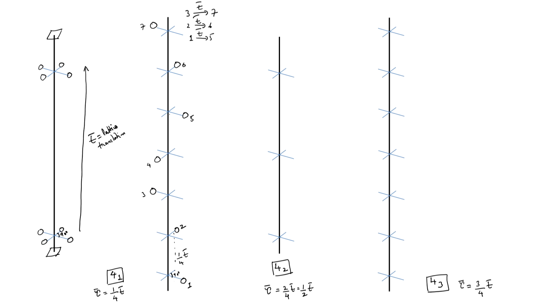Now, before I go to 4 sub 2, I will look at the screw axis 4 sub 3. Here my screw translation is 3/4 of the lattice translation. So, we will begin as usual with motif number 1, 90 degrees, and now I have to move 3/4.